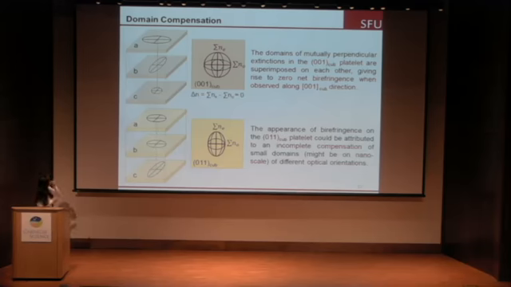But in the case of a 011 cut sample, if we look from the top, there is still superposition, but it's not compensated. That's why we observed birefringence for the 011 cut platelet. But this also indicates that the domain size in my sample might be very small, could be in the nanoscale.